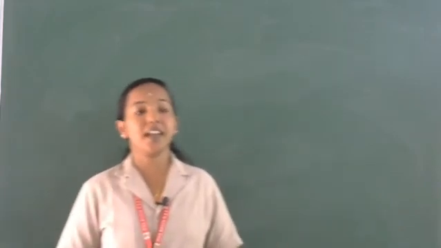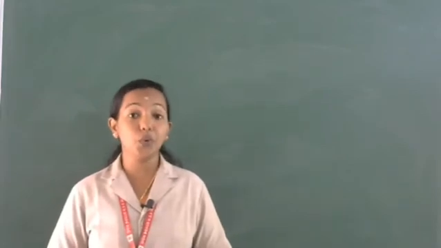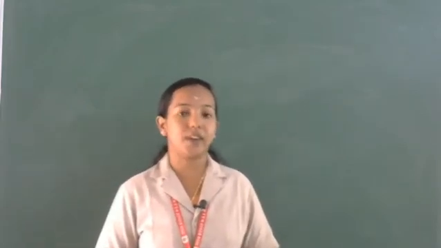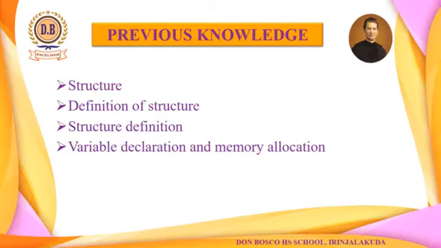So we are discussing our first chapter, structures and pointer. That means a new data type, user defined data type called structure. In the previous video we discussed what is meant by a structure. A structure is a user defined data type used to represent logically related data items under a common name.